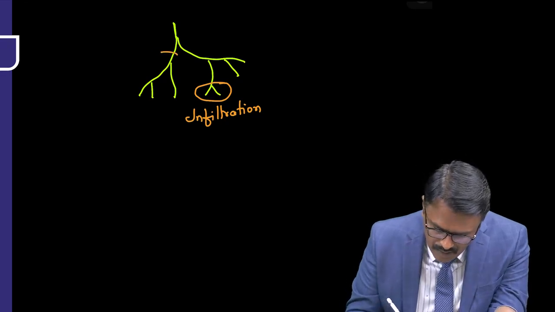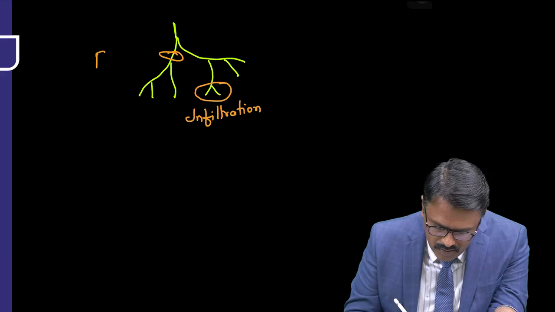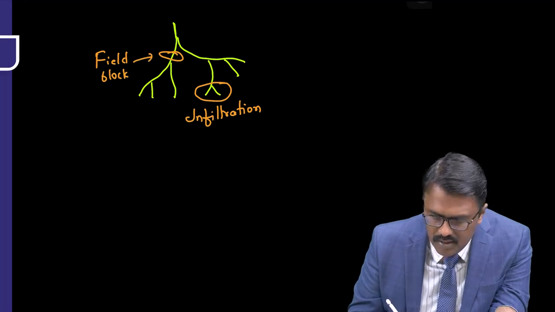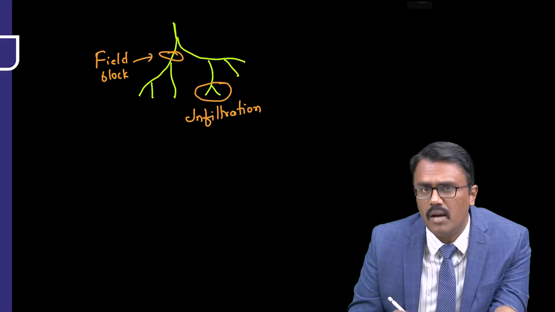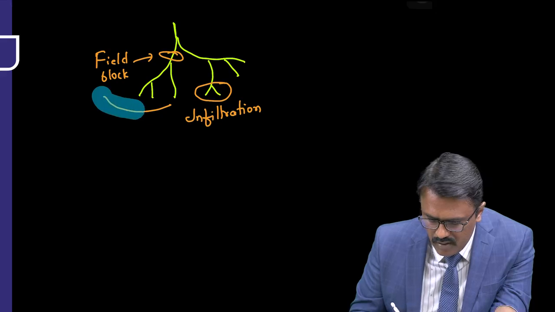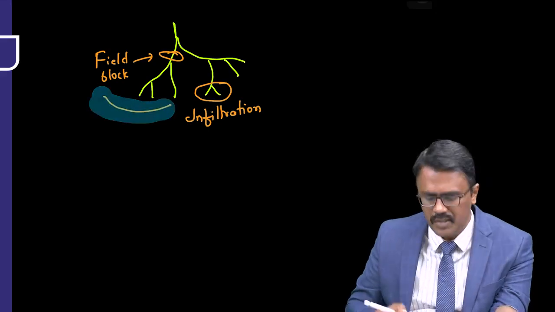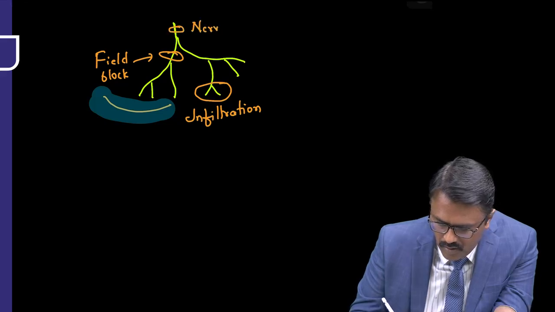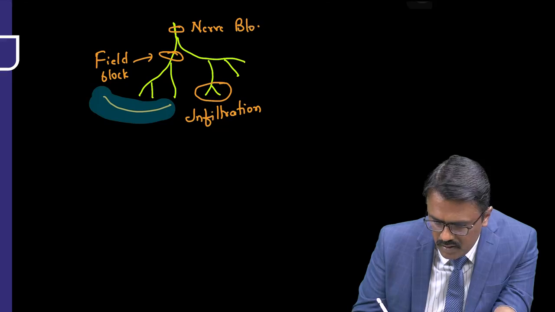Now if I am giving anesthesia here, this is called the field block. So if I am giving the anesthetic here, all the nerves coming at this point are blocked, so no sensation comes from this field. Or you can block it here itself, that is called nerve block.